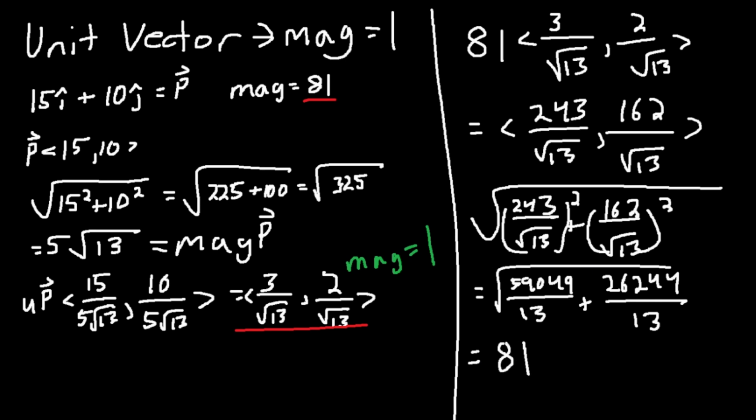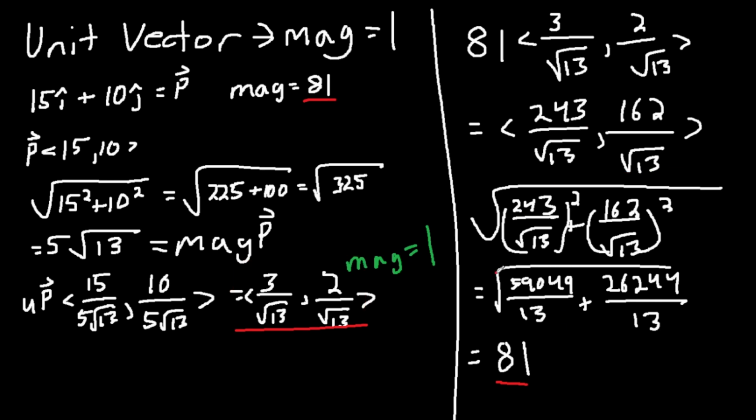So this now is the magnitude of 81, because we multiplied the unit vector by 81 to get this new vector, and we got the magnitude of 81.